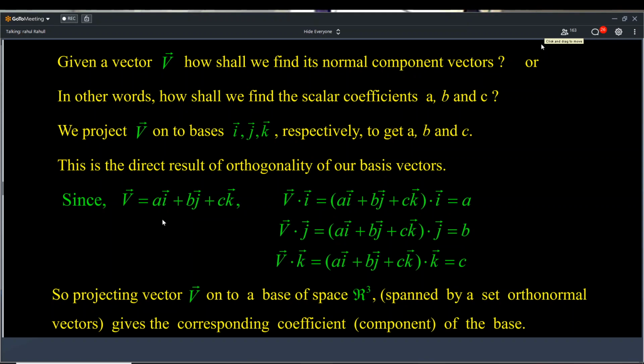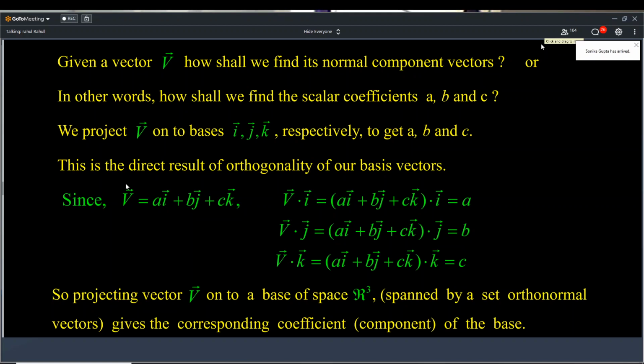That's why when you multiply the vector with a respective basis, you get its component. And this multiplication of the vector with a respective basis is called taking the projection on that basis.